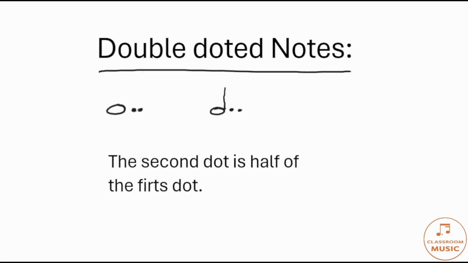It is also possible to find notes with 2 dots, a double dotted note. With this, the same rule applies. One thing to note is that now the second dot will add half the value of the first dot to the note. What does this mean?